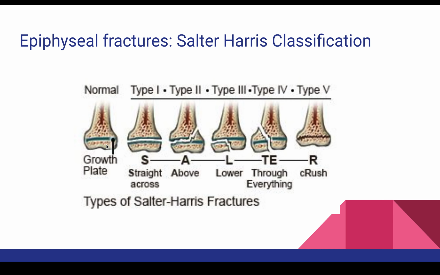When you have a growth plate, you often get these transverse fractures. Now you'll notice you have SALTER, and these are the stages. So this would be stage 1, this would be stage 2, this would be stage 3, stage 4, and stage 5. There's 5 stages, each starting with a letter of what I've mentioned.